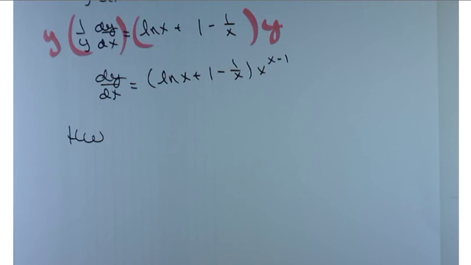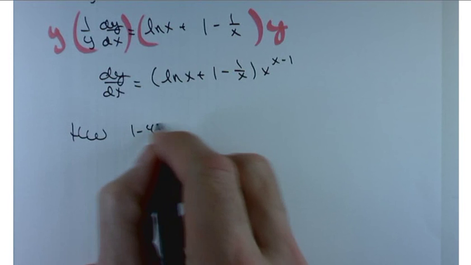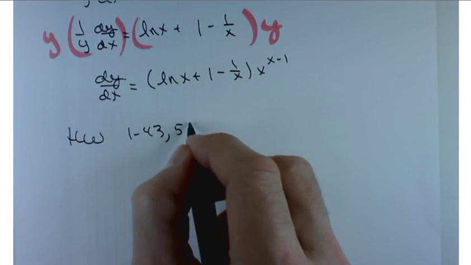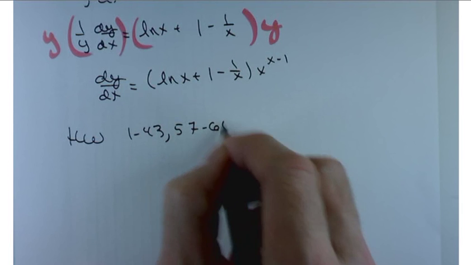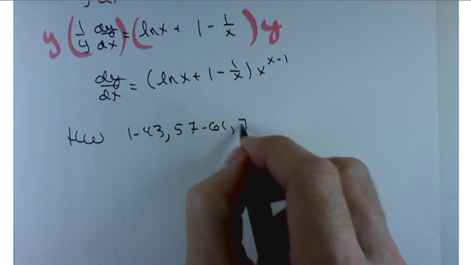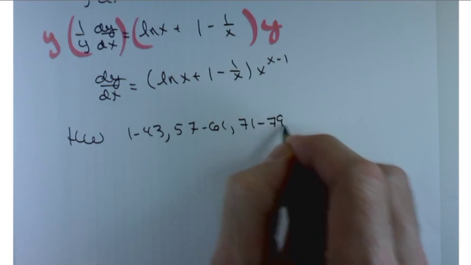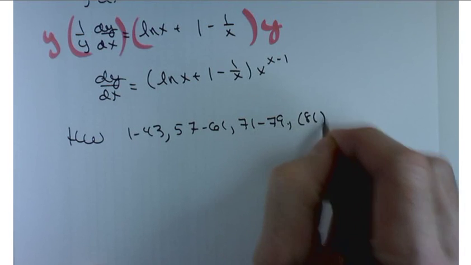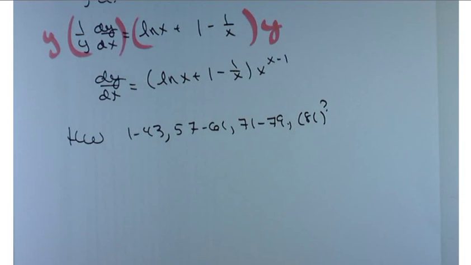Let's see. For homework, try 1 through 43, 57 through 61. We'll skip a bunch of problems, then 71 through 79, 81, not sure. Some of these are your logarithmic differentiation. Actually, you know what?